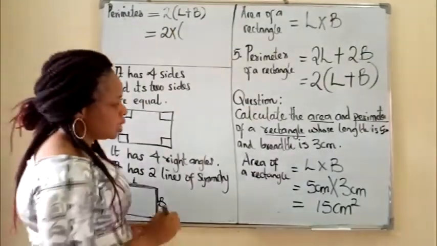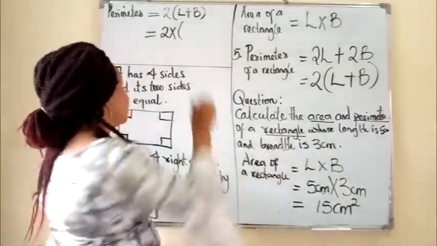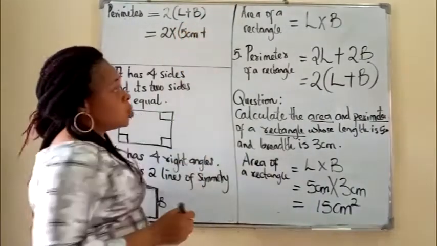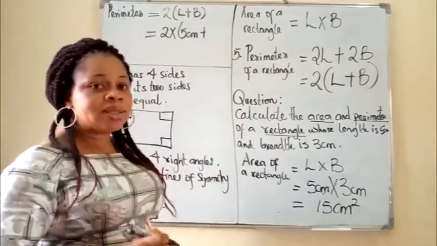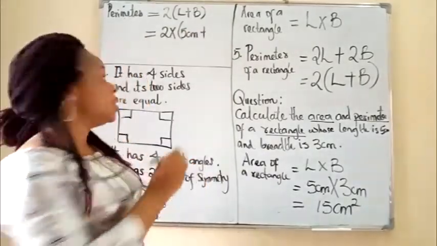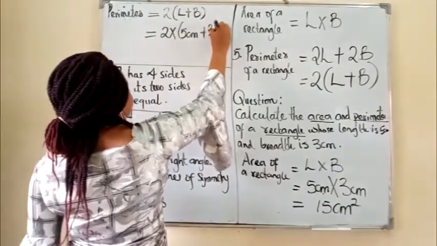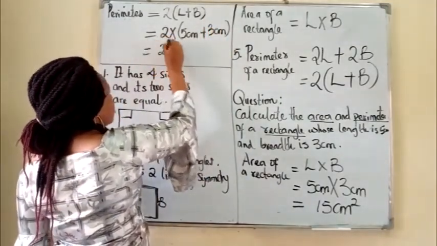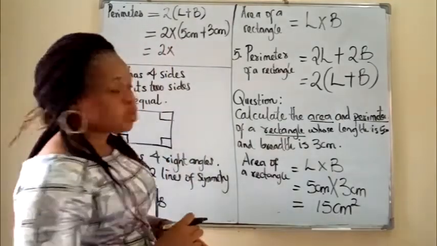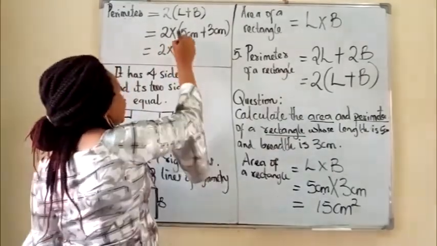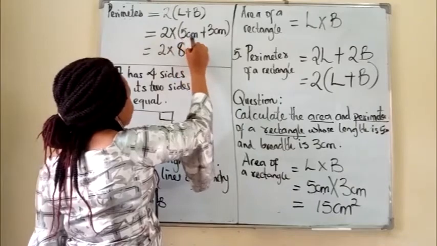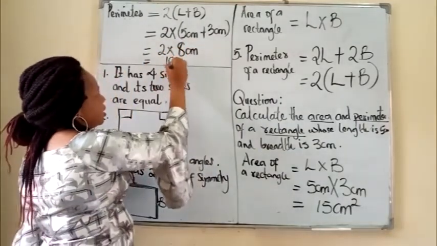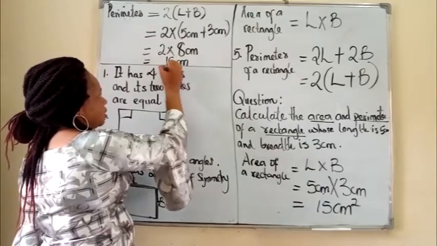The length is 5 centimeters. Plus, what's our breadth? Our breadth is 3 centimeters. 5 plus 3 will give us 8 centimeters. Then 2 times 8 will give us 16 centimeters.